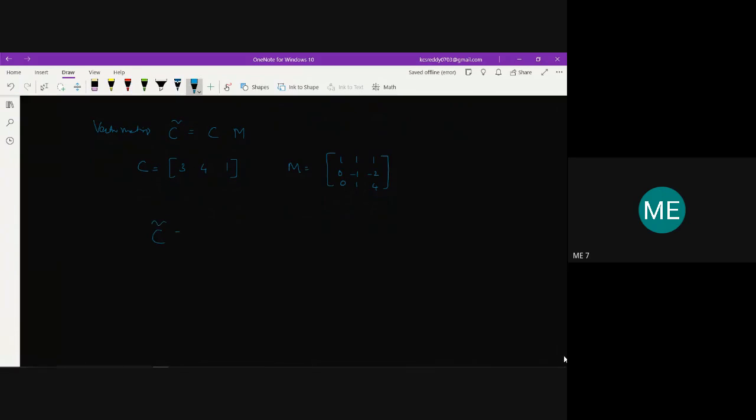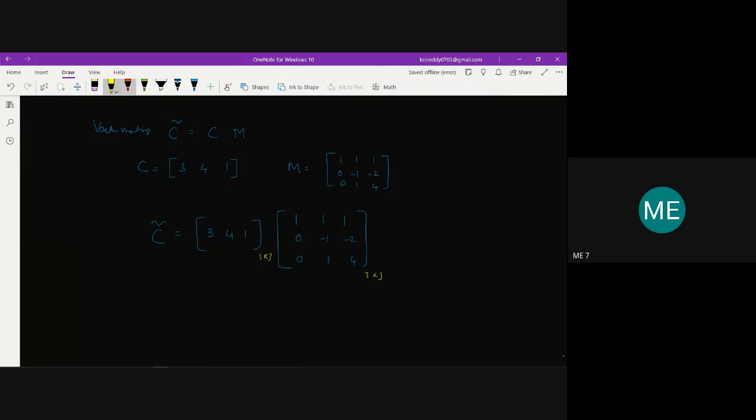So C is equal to 3 4 1, and then M is 1 1 1, 0 -1 -2 and 0 1 4. So what is the order of this matrix? This is going to be 1 by 3 and this is going to be 3 by 3. So the resultant will be 1 by 3.